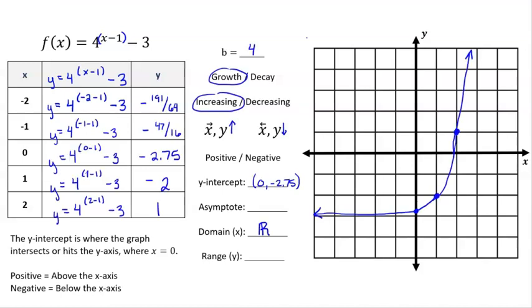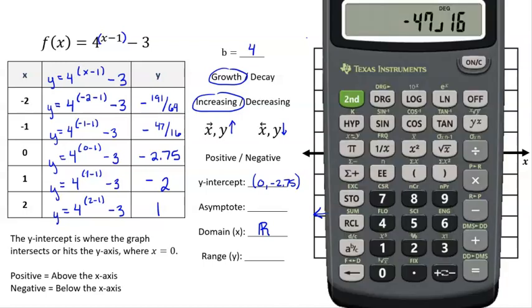So this is what I got when I filled out my table and I graphed. One thing I do want to point out is when you are doing these, let's say the first one, we have 4 y to the x, open parentheses, 2 plus to minus, -1, close parentheses, and then -3.